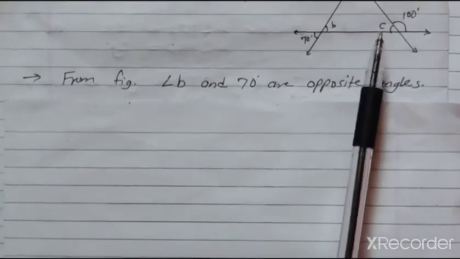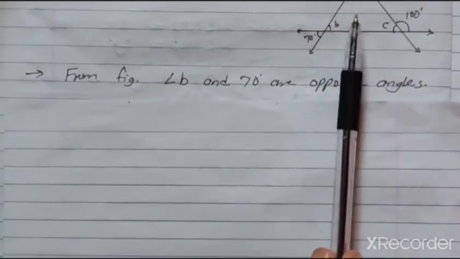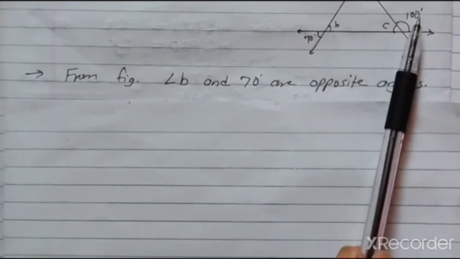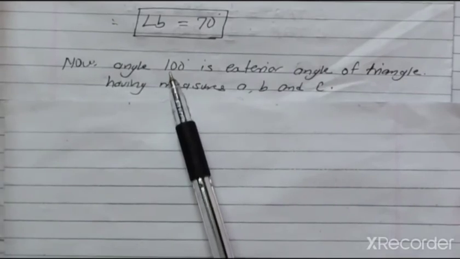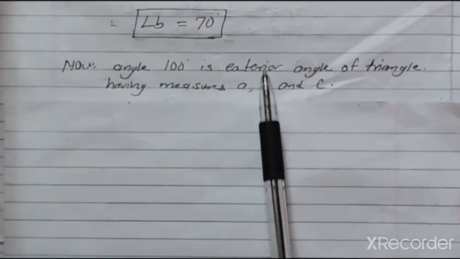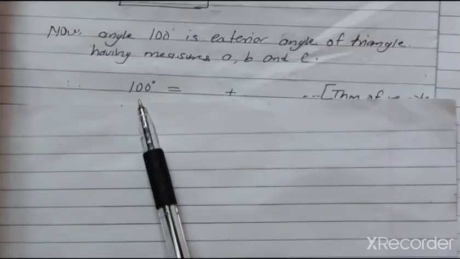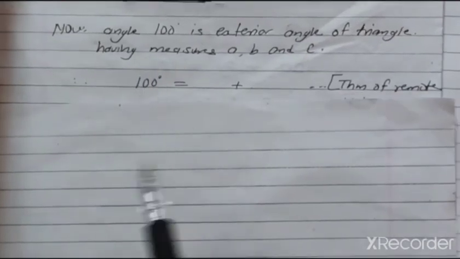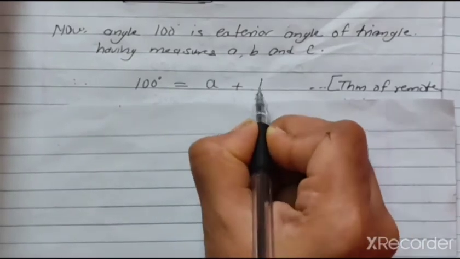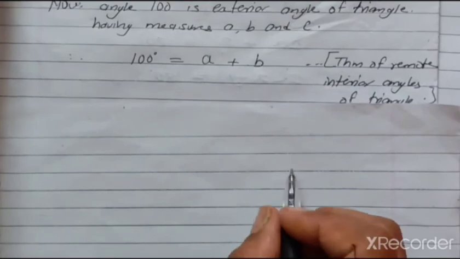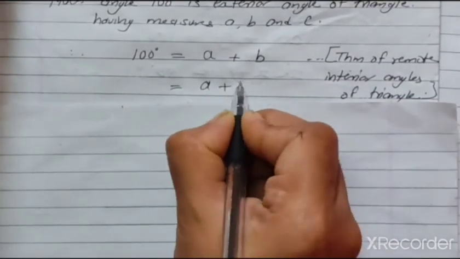Now here I use this exterior angle. Now you know that this measure is 70 degrees. So A plus B is equal to 100 degrees. So here I write down from the figure, this angle 100 degrees is the exterior angle of the triangle having measures A and B. So this exterior angle is equal to the sum of its remote interior angles, that is A and B. Now you know that the measure of B is equal to 70 degrees.